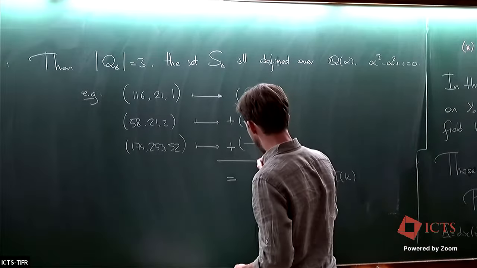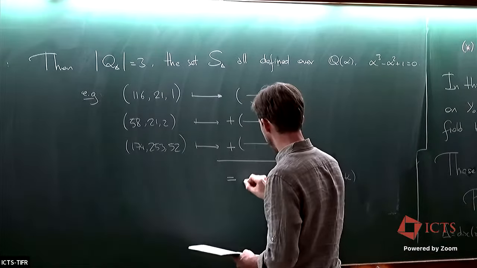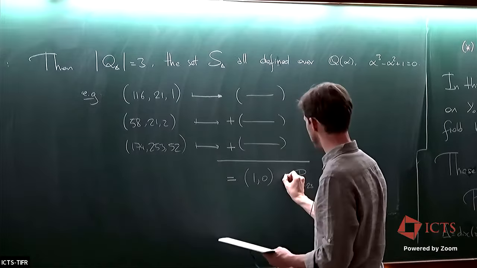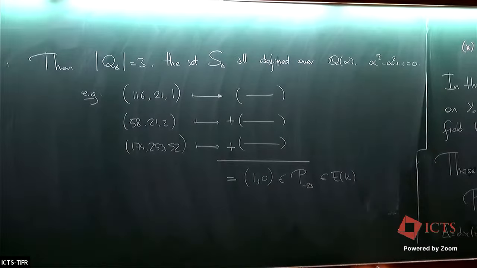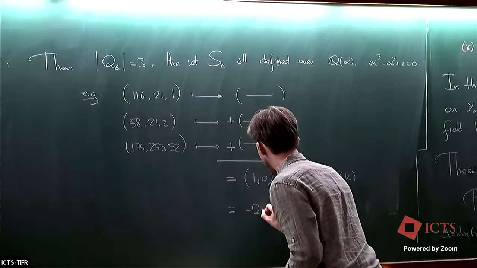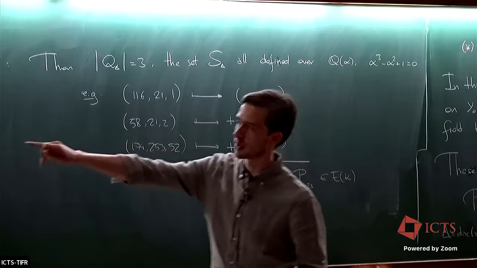If I do this summation with the explicit numerical values, I actually get something that's not so horrible to write down at all. I get 1, 0, which already maybe is not a point that you found. Well, it's pretty easy to spot. 1, 0 is also known as -2 times the generator P that I'd written down there.